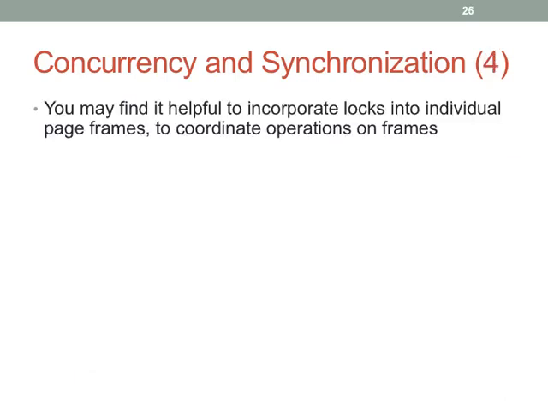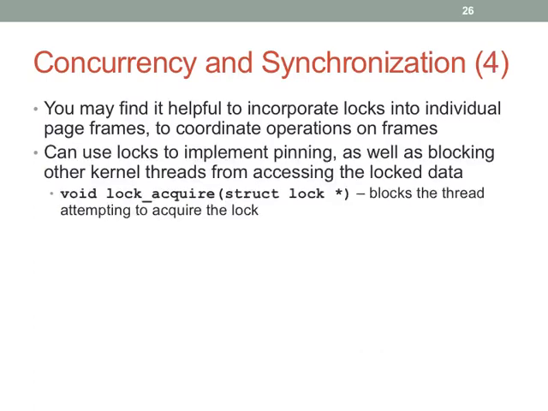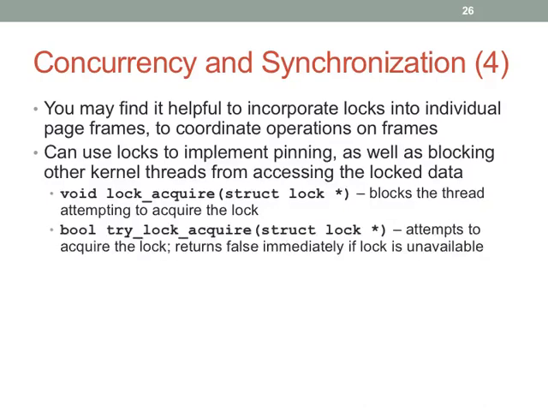Okay, so locks in individual page frames is a great idea for solving these kinds of problems. And I also want to mention that there's actually a try lock acquire that you can use as well as lock acquire. And this allows you to use locks as pins. So basically, if you try to acquire a lock on a frame and the lock is already held by somebody else, this will just return false and you can just go on.